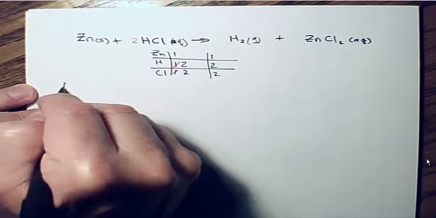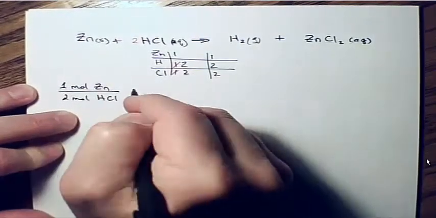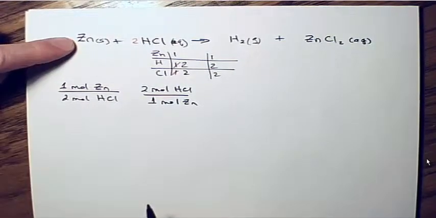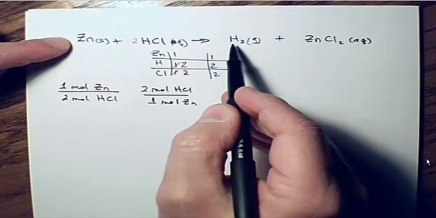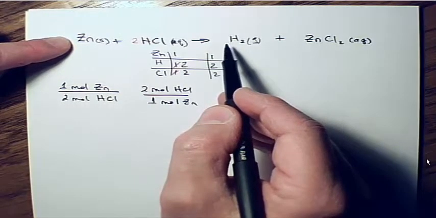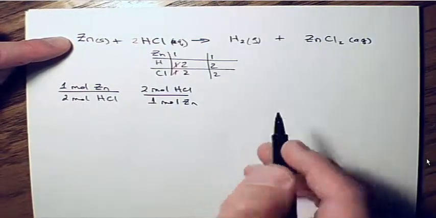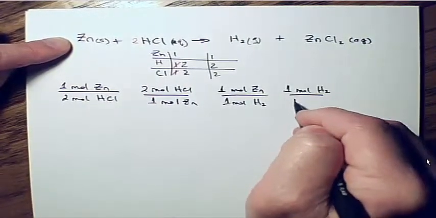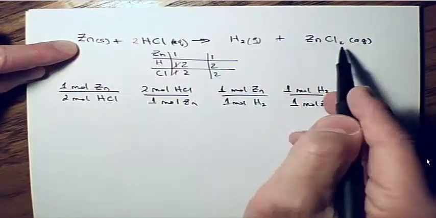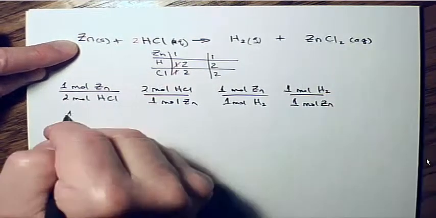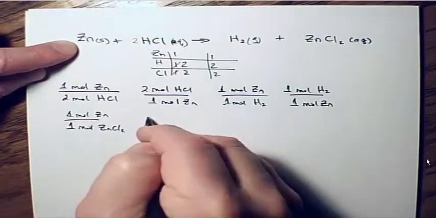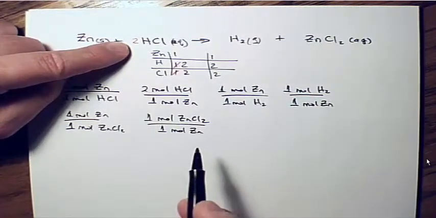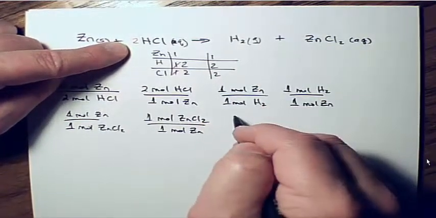So I could write this ratio, or I could write this ratio. And if I have 1 mole of zinc, how many moles does that compare to in the moles of hydrogen gas? I can compare zinc to zinc chloride. I can compare 2 moles of hydrochloric acid to the 1 mole of hydrogen.